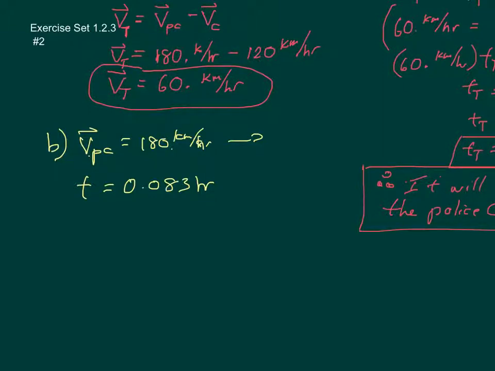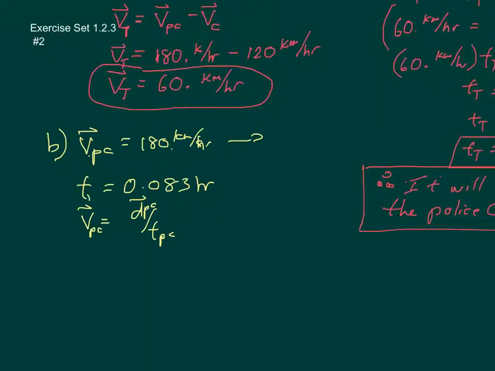We can look at this V equals D over T equation one more time. V equals D over T. And this time we're worried about the police car. Time of the police car.